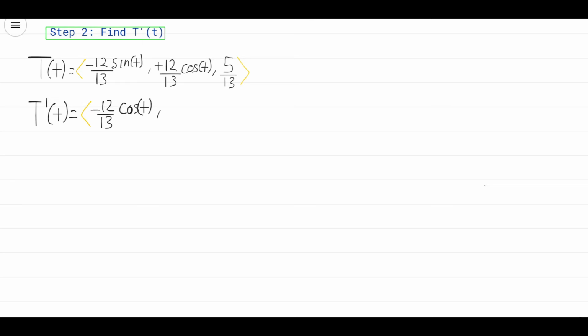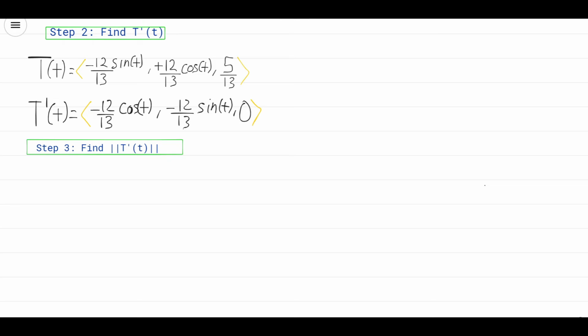The derivative of cosine is negative sine. And the derivative of 5 over 13, or any constant, is 0. So that's our unit tangent vector derivative.